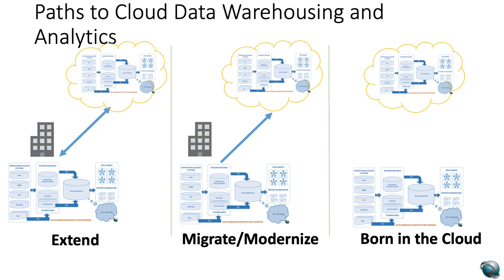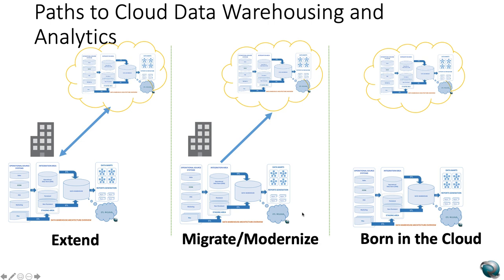You could just use some connectors and connect to the environment. That way you are extending the capabilities of the traditional data warehouse environment, which is not really difficult to do. At the same time, you are not taking complete advantage of the power of the cloud environment or cloud ecosystem.